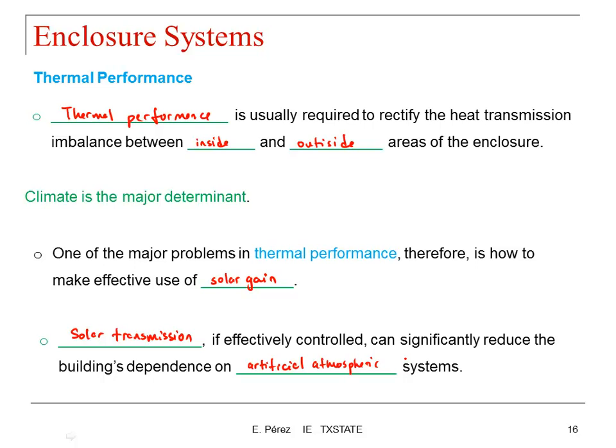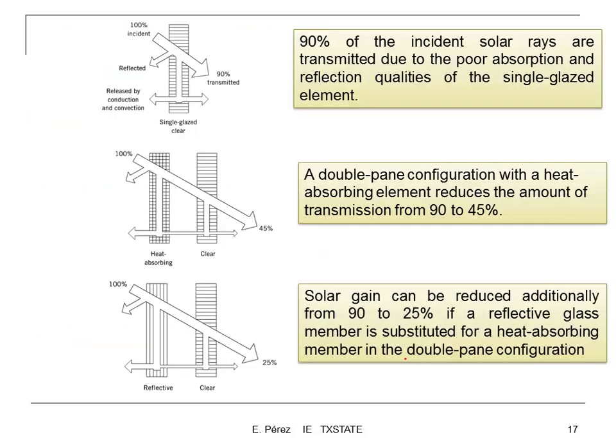So again, for this type of systems, you're going to have to be very aware of what's the type of weather that you're going to get in the location that you are working on, and so on. So we have three pictures here just to give you an idea how the solar energy can impact your facility design.